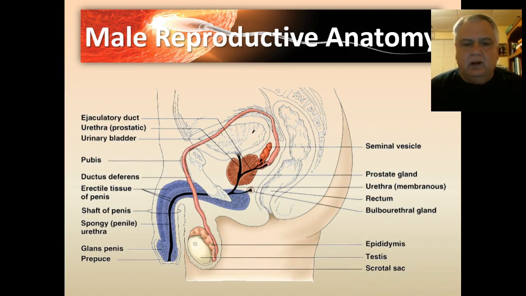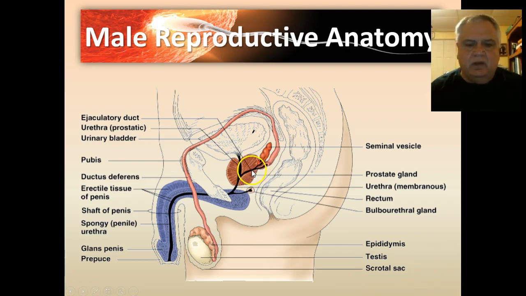Again, here's our diagram. We can see here the prostate gland and the many tiny canals that will deliver the prostate secretions into the semen, the seminal vesicle producing its secretions, and notice the ejaculatory duct starts right after the seminal vesicle enters.